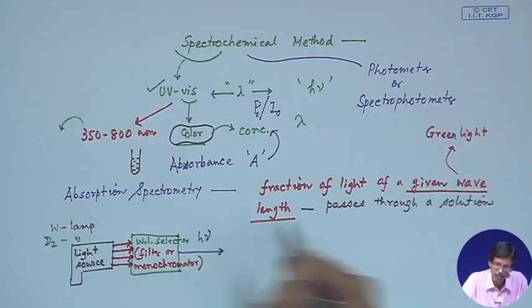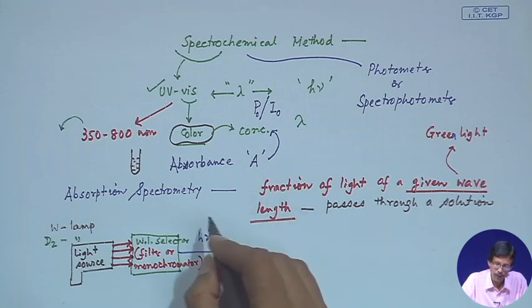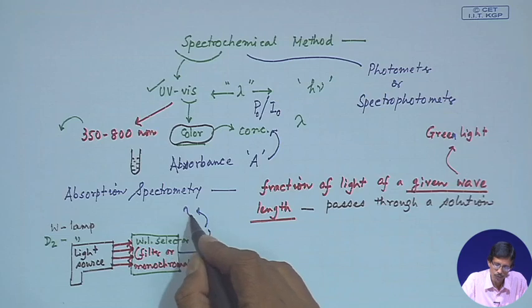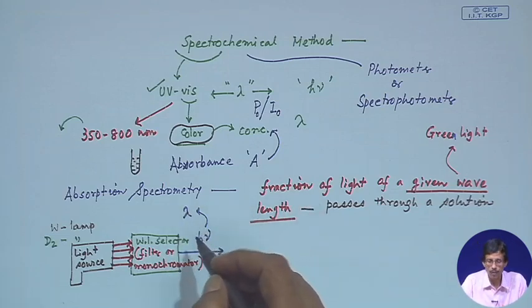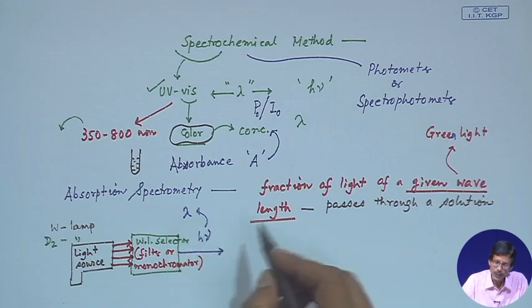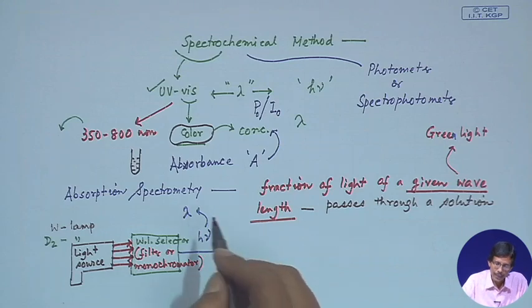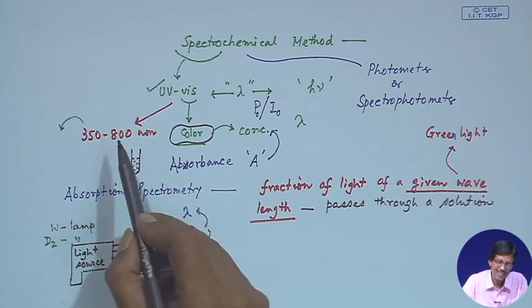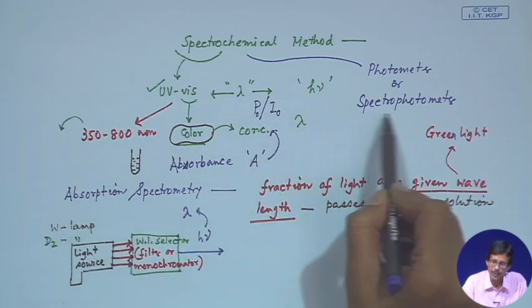We should also be able to know the corresponding energy in terms of h nu or the lambda value for that particular wavelength. So, this is basically the selection of a particular wavelength which can fall on a particular solution. Remember here that suppose we are scanning from 350 to 800 nanometer using a spectrophotometer.